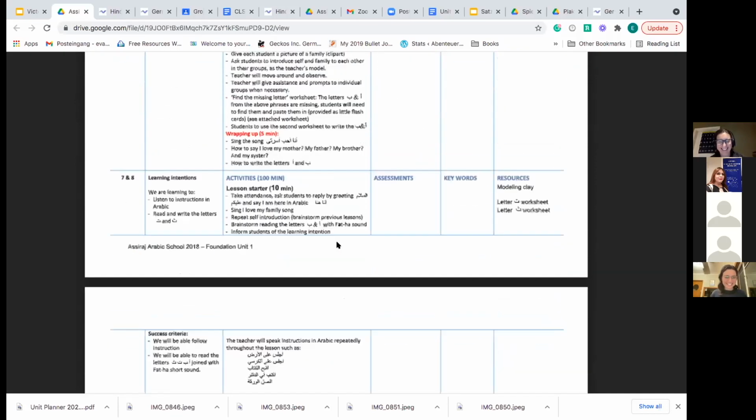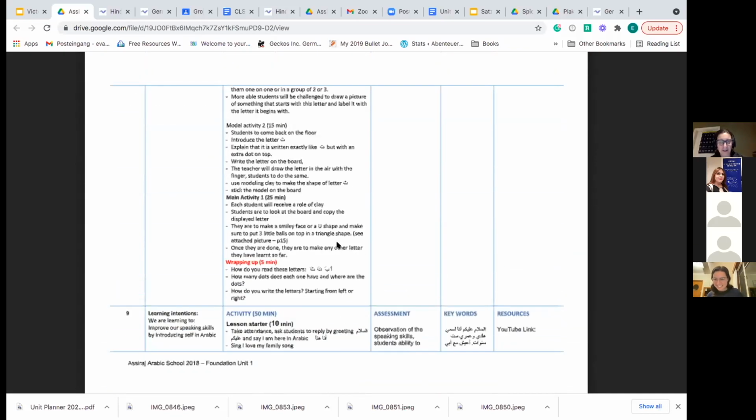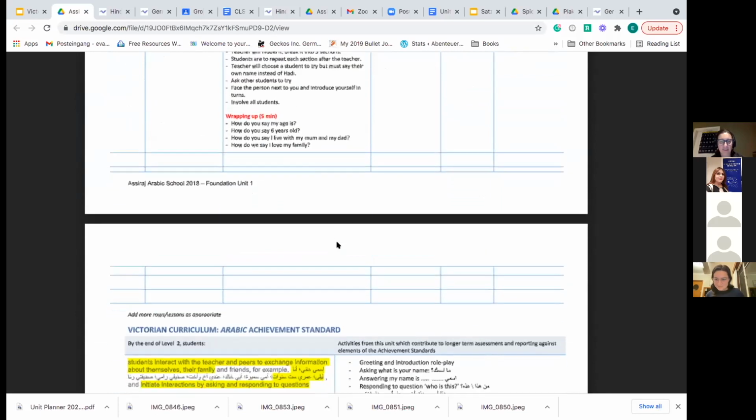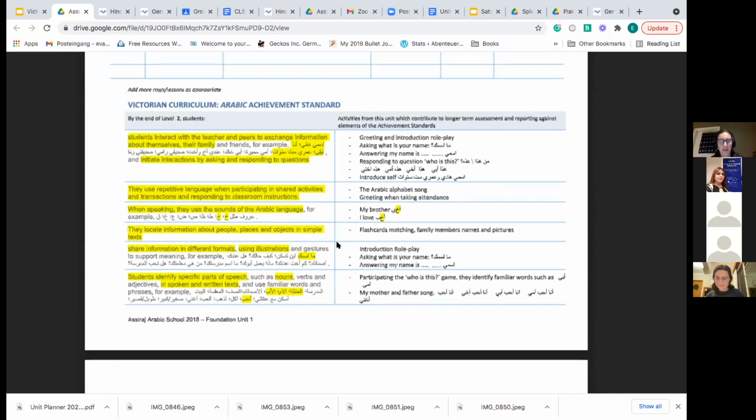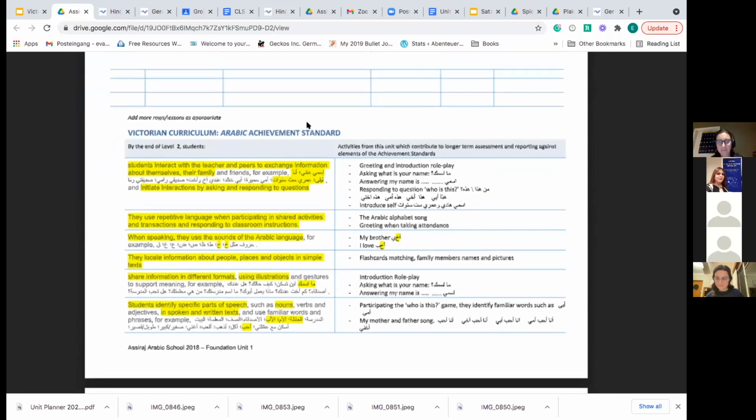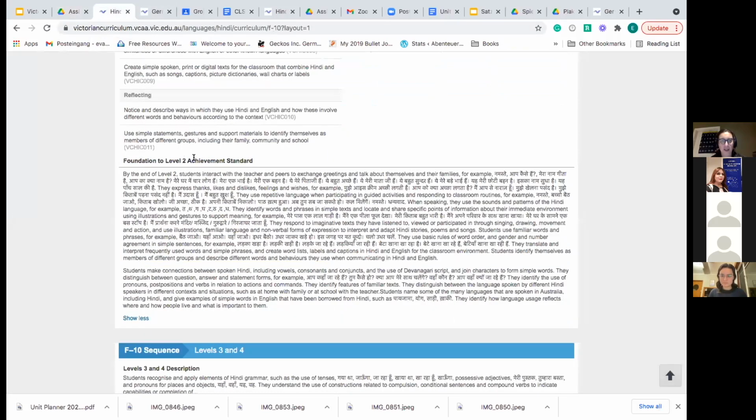Yeah, okay, great. Okay, let's go to the bottom, because there is a really important part here. At the end, you see achievement standards. So think back on the curriculum. I hope that works. So here we have our achievement standards.